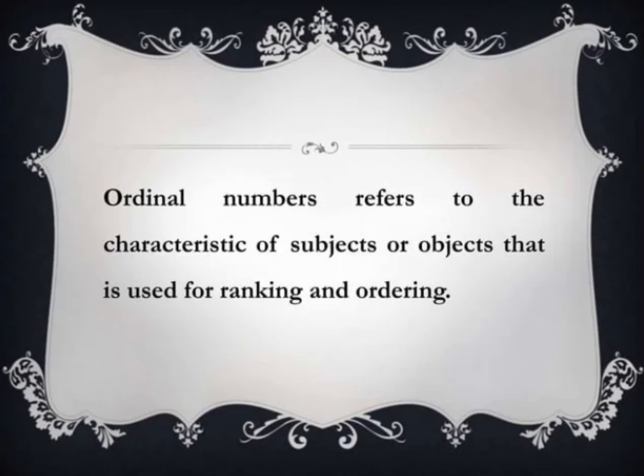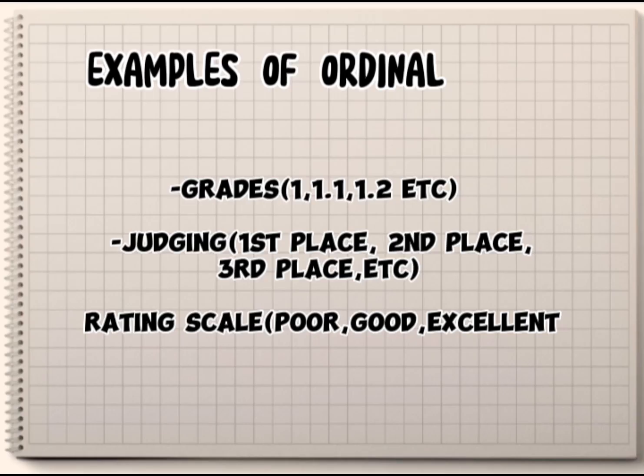Examples of ordinal are grades 1, 1.2, 1.5, etc., judging such as first place, second place, third place, and rating scales such as poor, good, or excellent. Other examples are ranking of tennis players, year level, and social status.